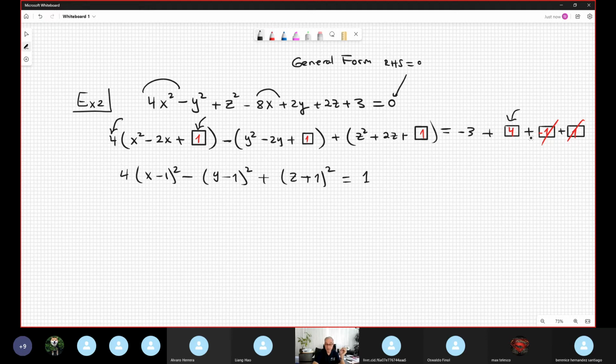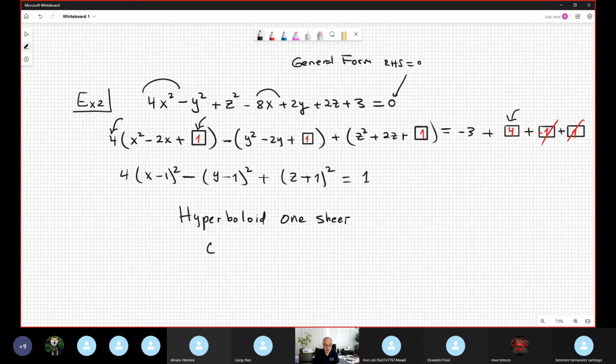Now identification: what kind of surface is it? This is a hyperboloid of one sheet. How do you know it's one sheet? Because we have only one negative sign.